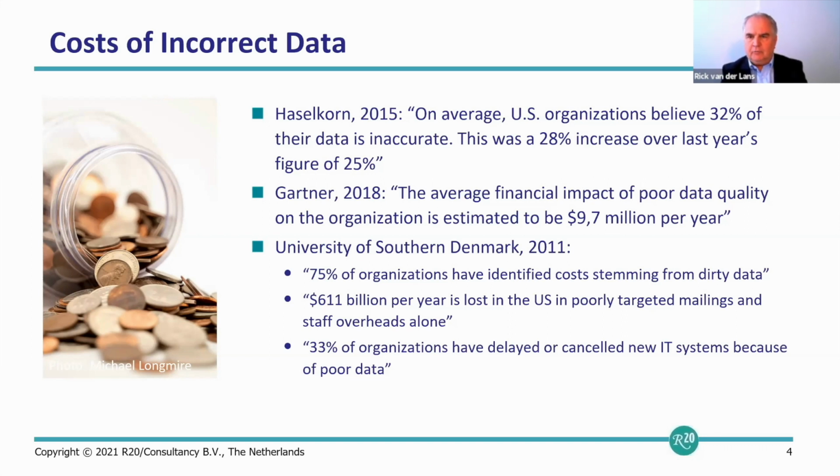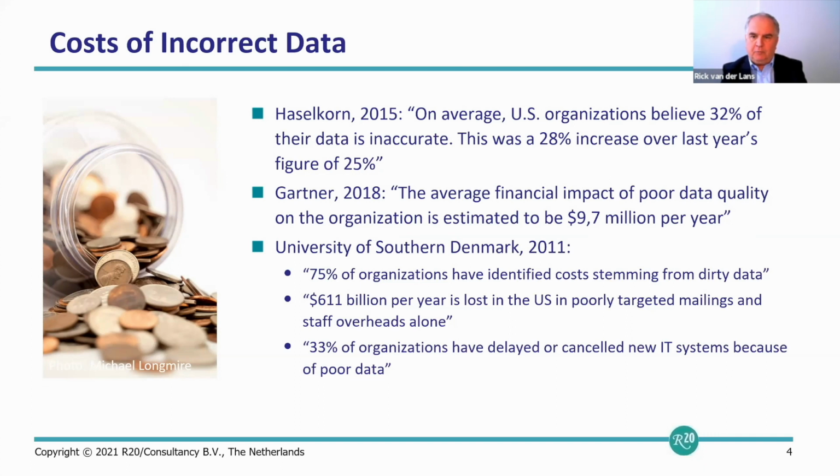Or Gartner, right? They're really trying to transform it into money. The average financial impact of poor data quality on the organization is estimated to be 9.7 million per year, the average. So that means for probably larger companies, it's a lot more. And an interesting study done about 10 years ago by the University of Southern Denmark. If you try to find the link, read it, because it's fascinating stuff about what the costs of incorrect data are.